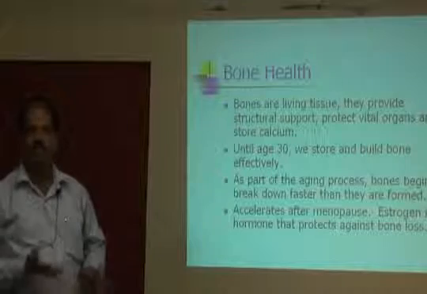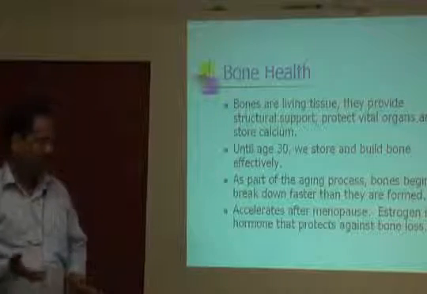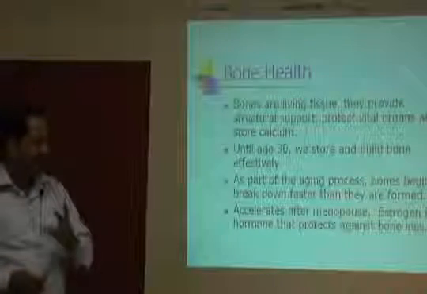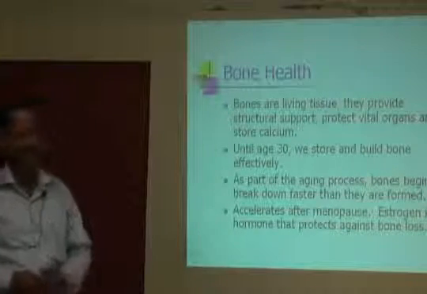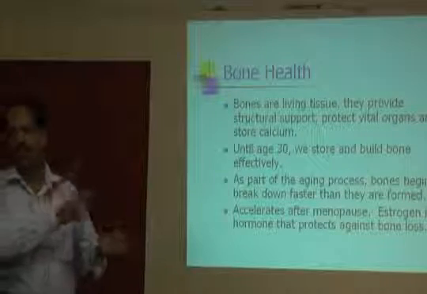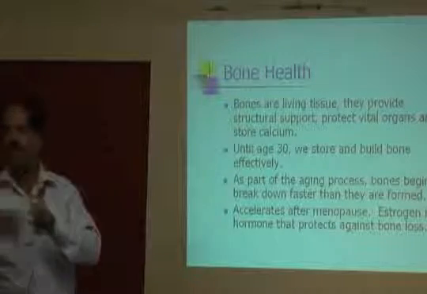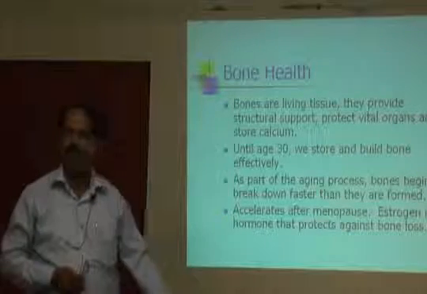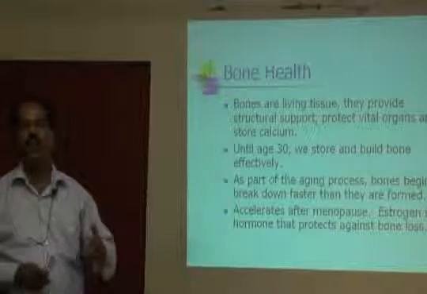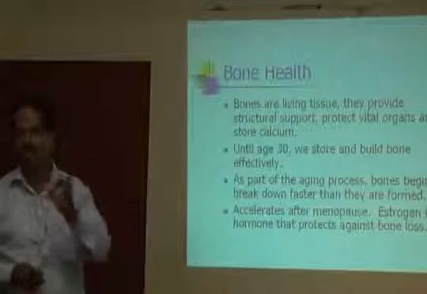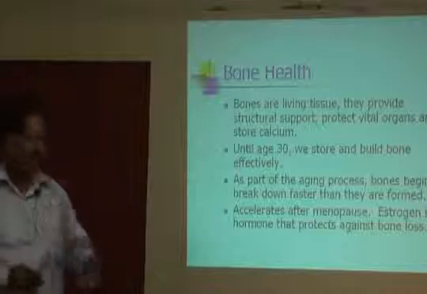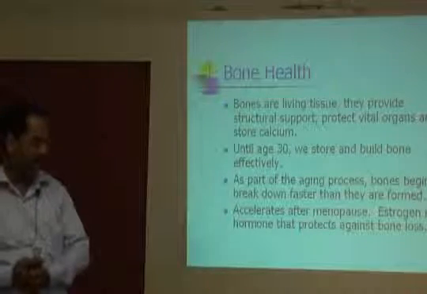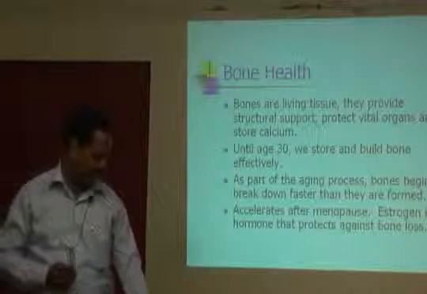As part of the aging process, bone begins to break down faster than it is formed. This accelerates after menopause, when hormone levels change and those hormones are not secreted. The hormone estrogen protects against bone loss.